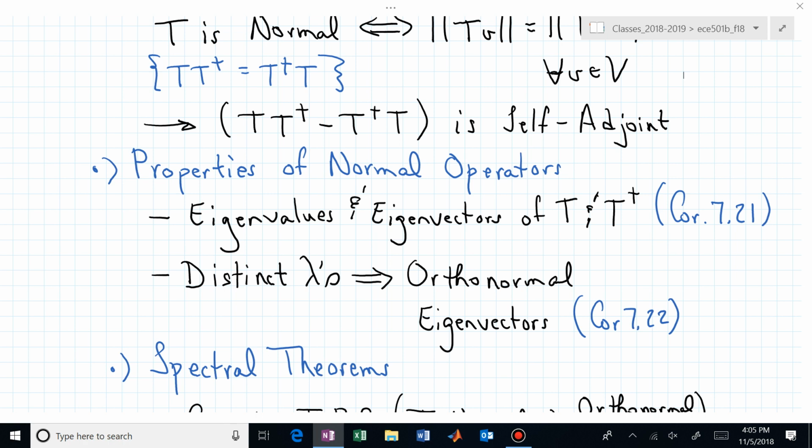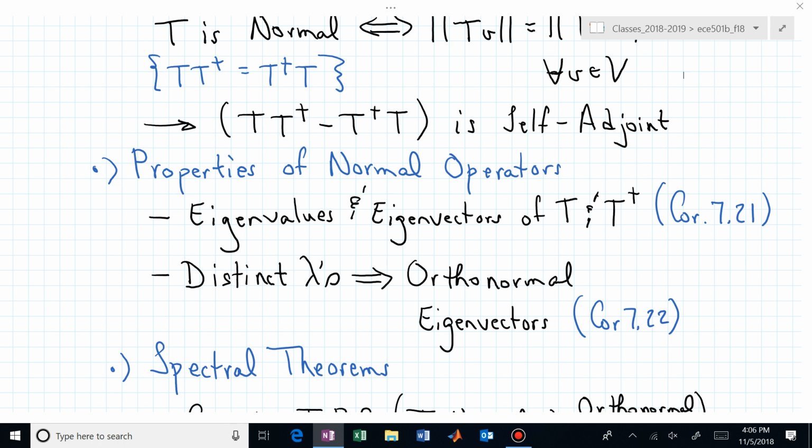We'll look at then the eigenvalues and eigenvectors, the relationship between those of a linear map and its adjoint. And obviously if we're talking eigenvalues and eigenvectors, then these are operators. T is an operator, its adjoint is an operator. And then we will look at the next corollary, which talks about if we have distinct eigenvalues, then that implies that we can actually have a basis of orthonormal eigenvectors.